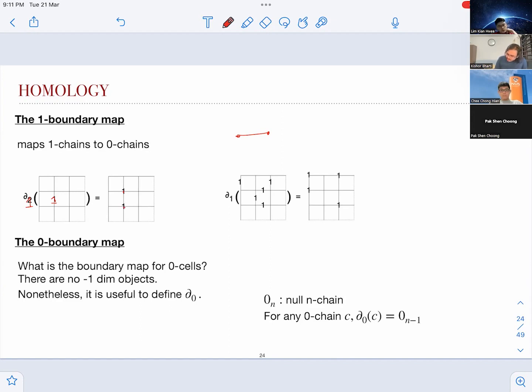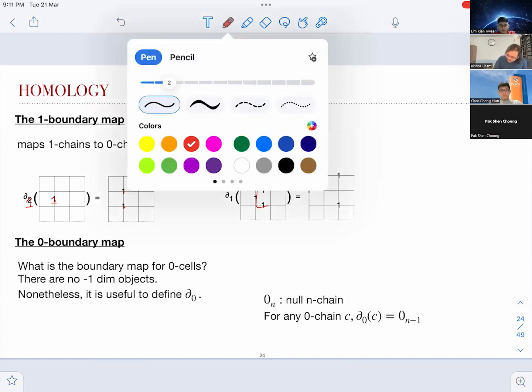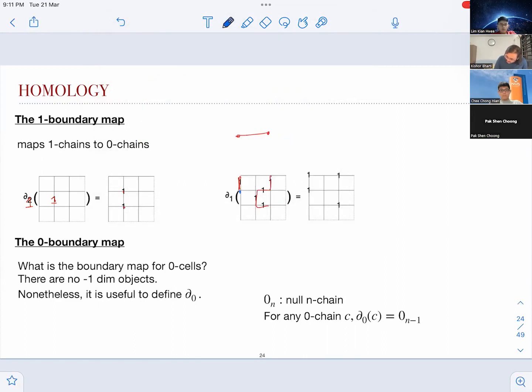Similarly, if you look at the boundary of this one, you have a string here, and then a string like this. So when you look at the boundary, it will be nothing but the elements here, here, here, and here. And you see that's what you get here.